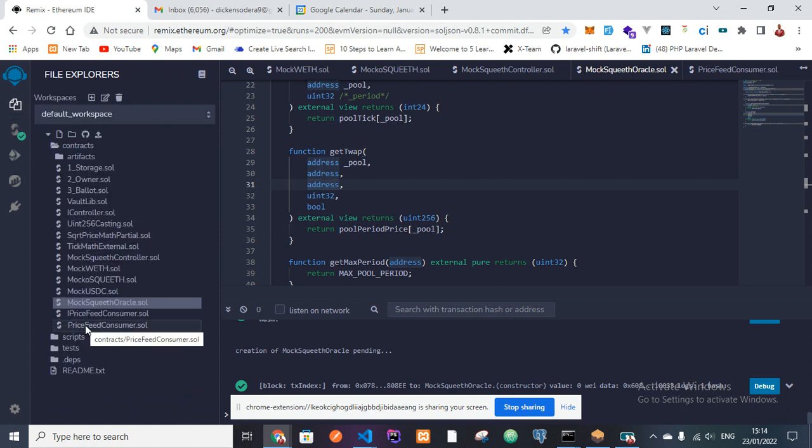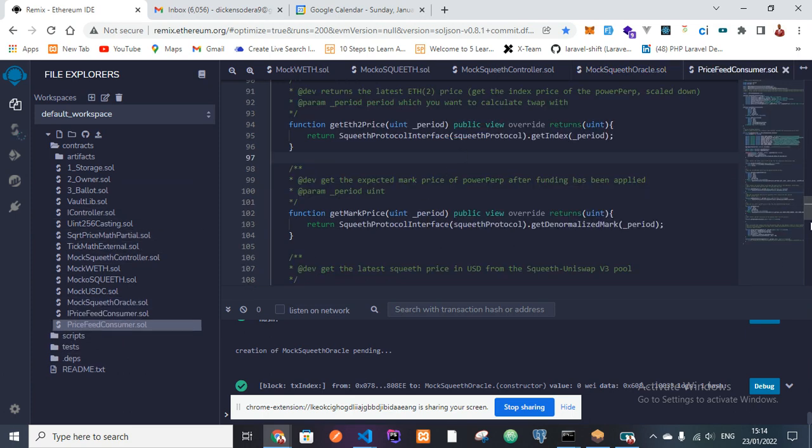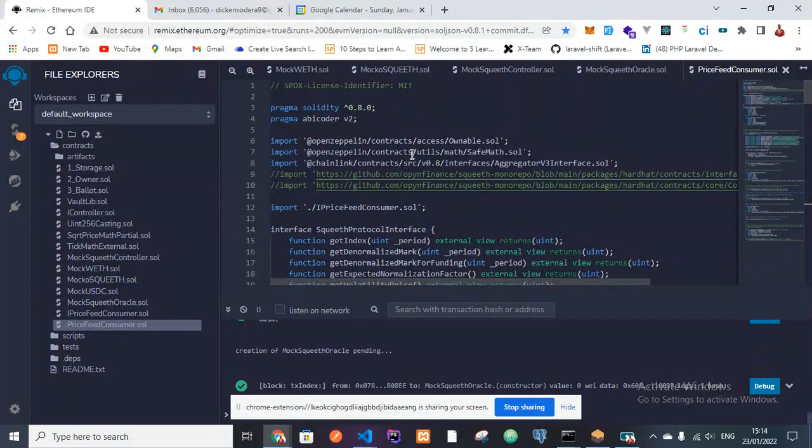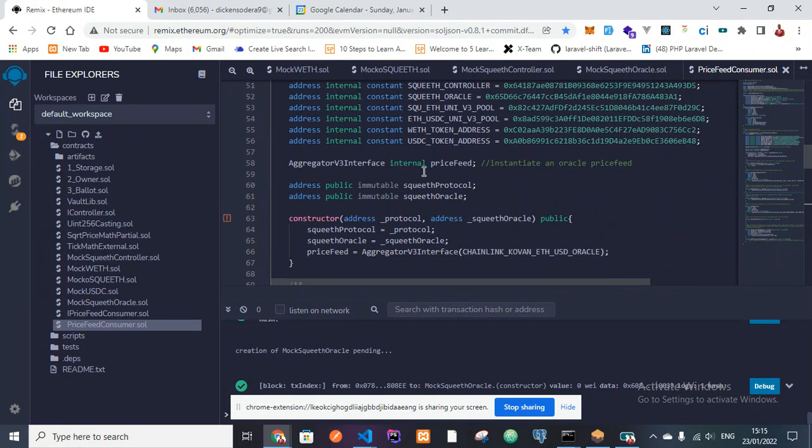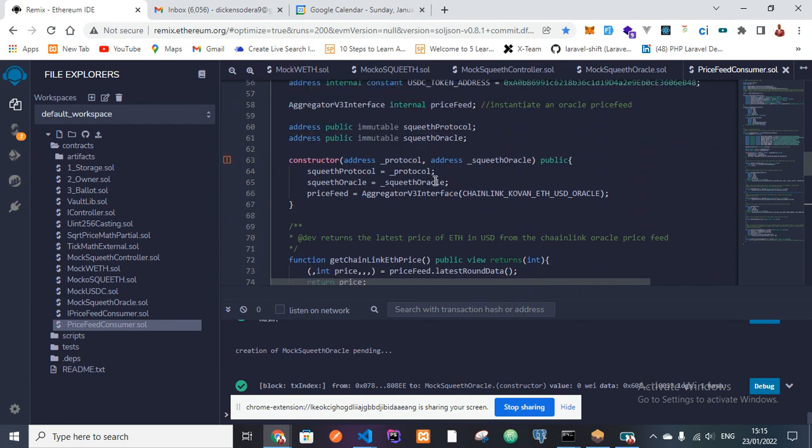The reason why I'm deploying the oracle and the controller initially before the price feed consumer is because the constructor specifies that when deploying the price feed consumer we need to specify the controller, in this case our protocol, the Opyn protocol, and the oracle that we'll be using. So our oracle here is our mock oracle at this moment.